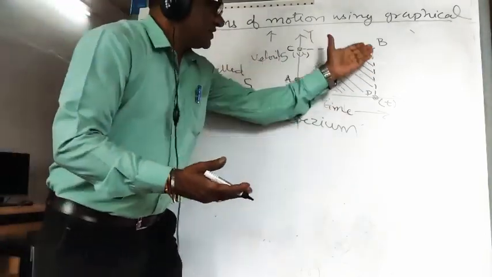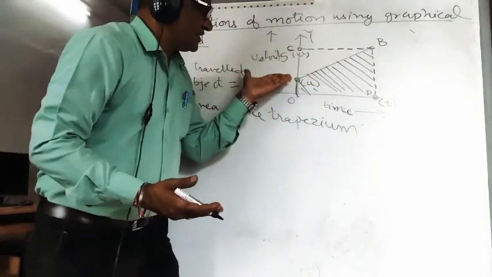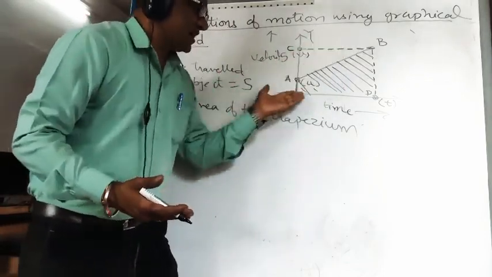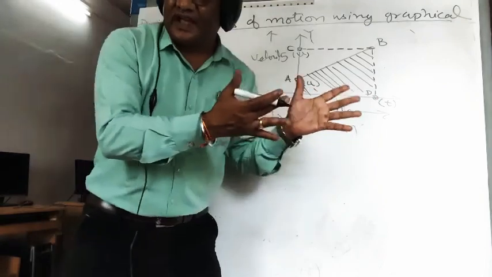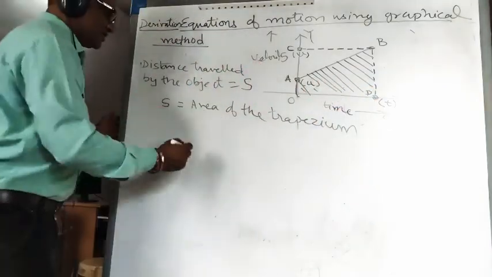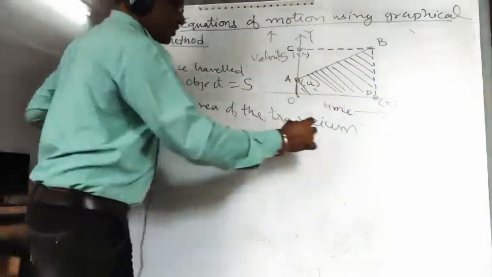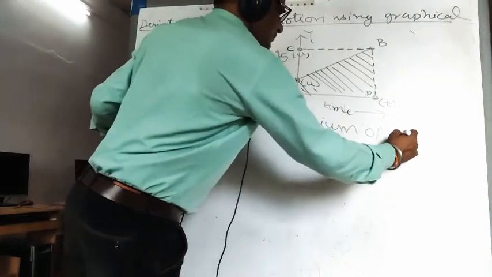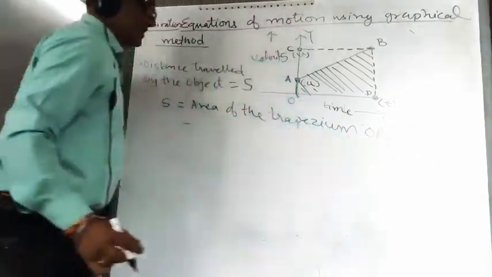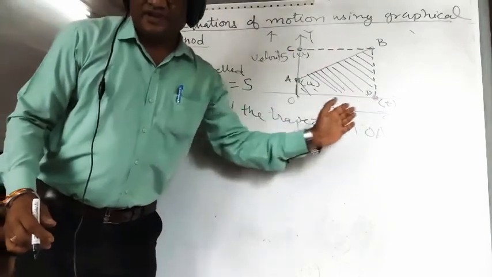This area is formed between the velocity time graph and the time axis for the given time interval. So the area of the trapezium OABD.